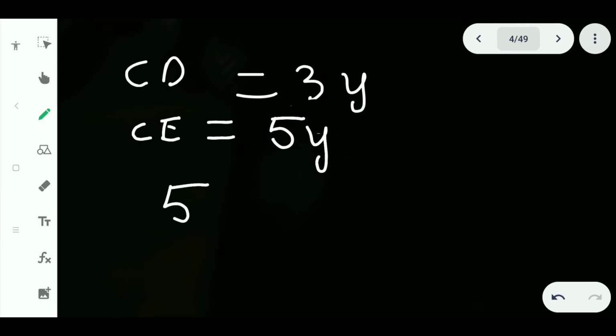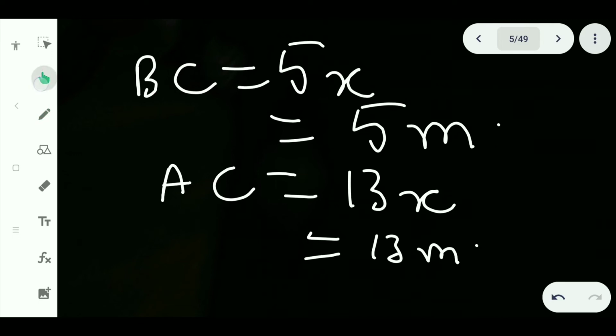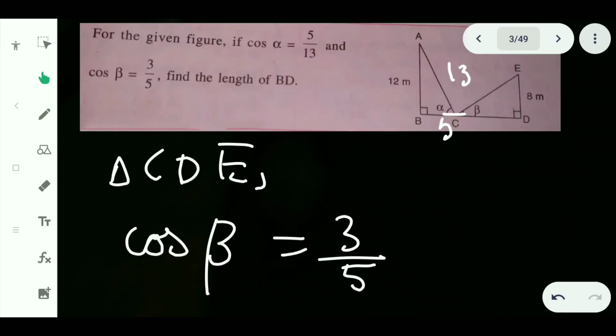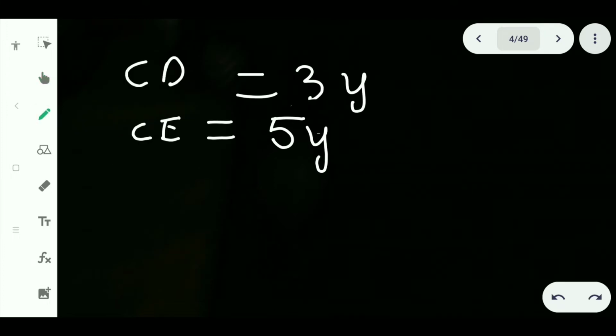And now in this triangle also, same as the previous triangle, by Pythagoras theorem, this is 8 square, 8 square meter square. We are just omitting meter, so here we are getting 64. So DE square plus CD square is equal to CE square, by Pythagoras theorem.